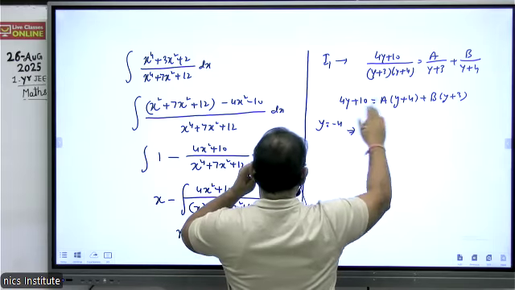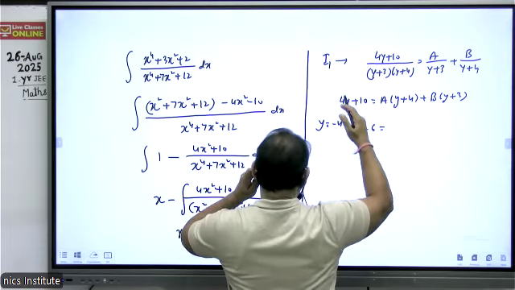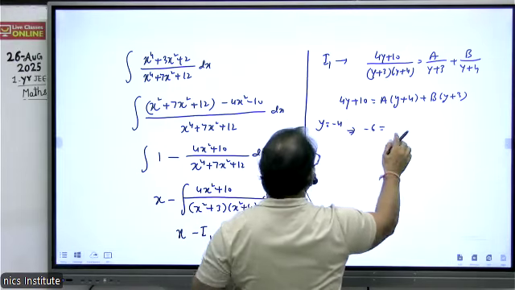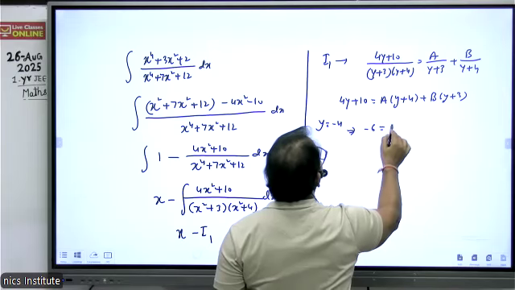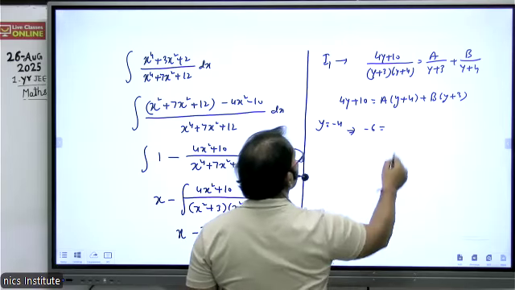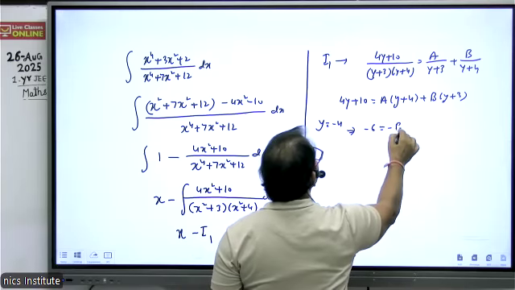In the board, you basically open the bracket and equate just like we did in the previous question. But entrance, you can make substitution like this. So B is 6.